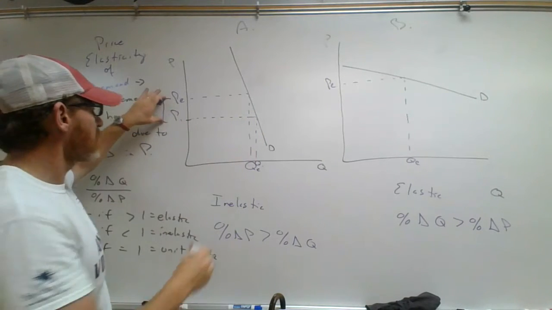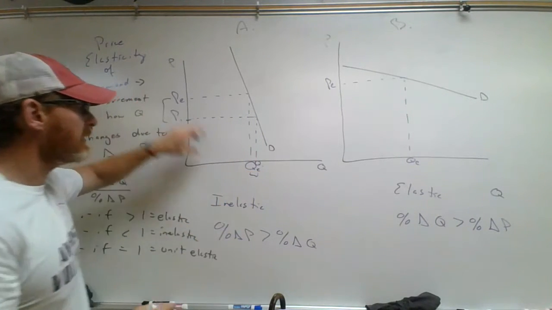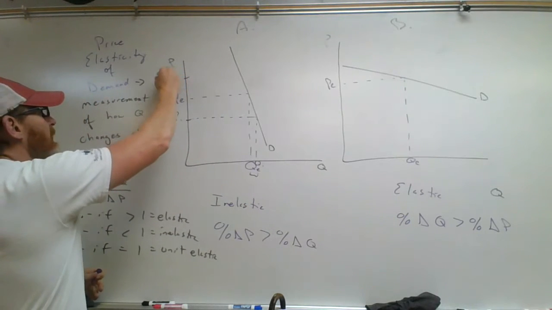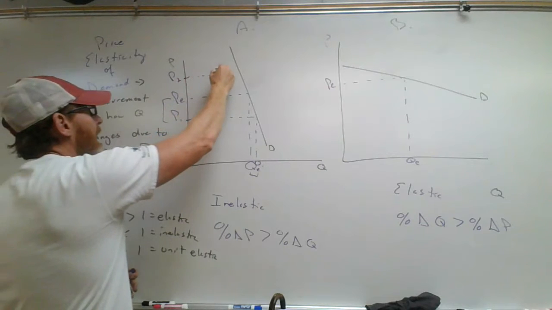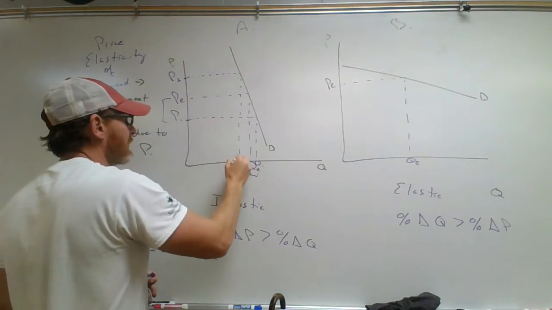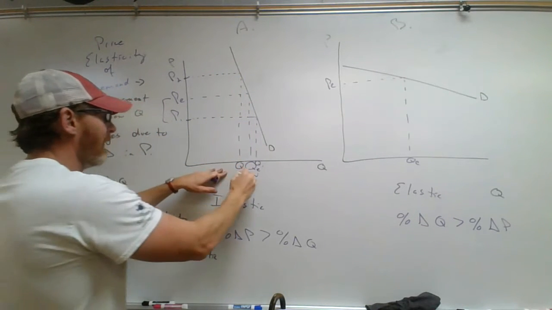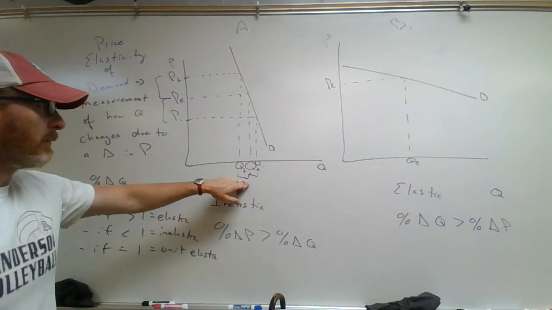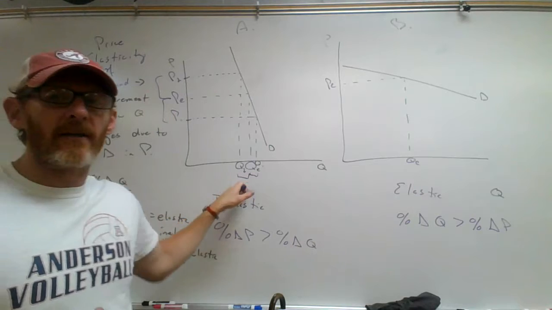So you have a large change in price that leads to a pretty small change in quantity demanded. And if you raise the price, we'll say to P sub 2, well, we might demand a little bit less, but we're not demanding all that much less. Again, a pretty significant change in price leads to a pretty insignificant change in quantity demanded.